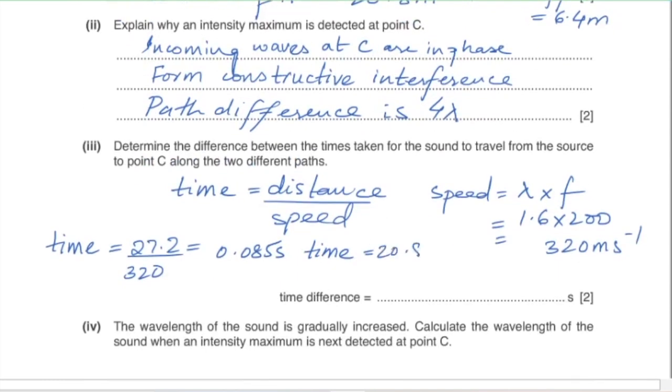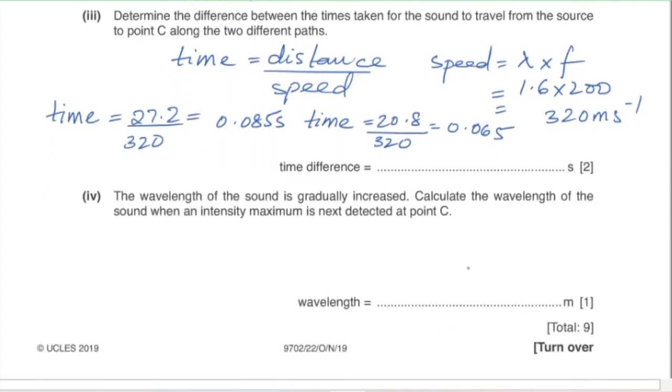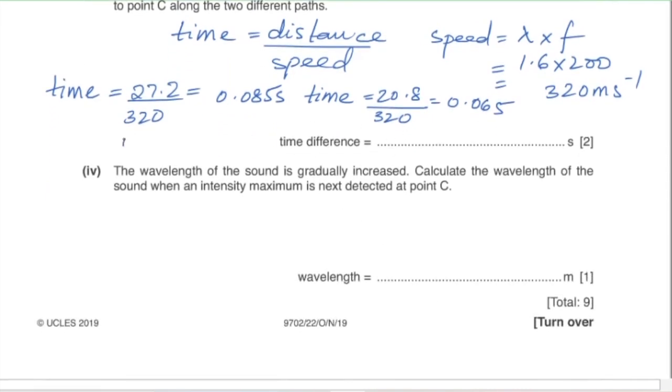So 20.8 divided by 320 gives us 0.065. So it took longer, obviously, on the ABC route. Now the time difference is 0.085 minus 0.065, and the time difference is 0.02 seconds.